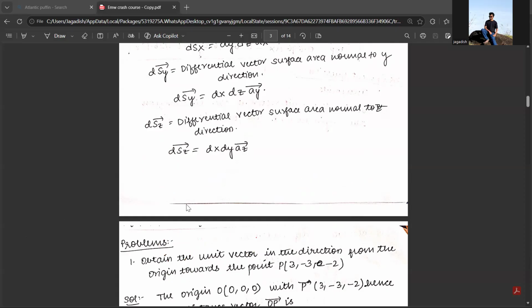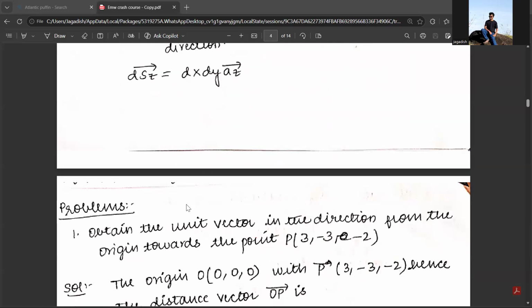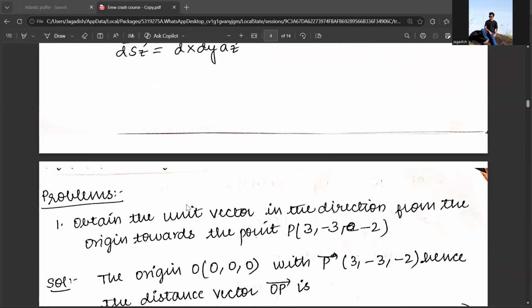Obtain the unit vector in the direction from the origin towards the point P, which is (3, -3, -2). See, many people make mistakes in considering the signs. Whatever signs they have given, consider the same in your problem.